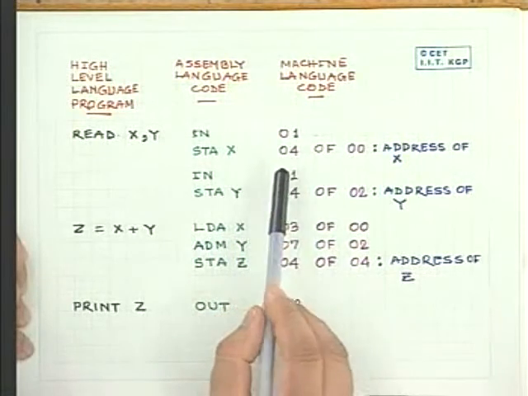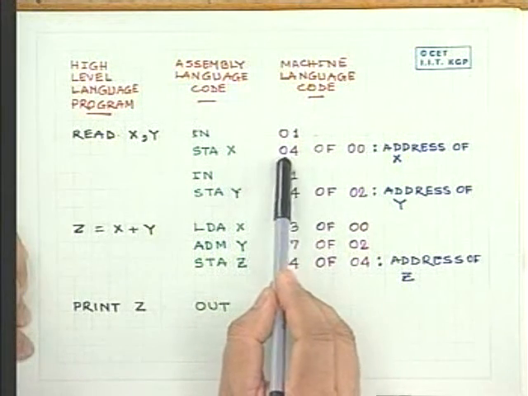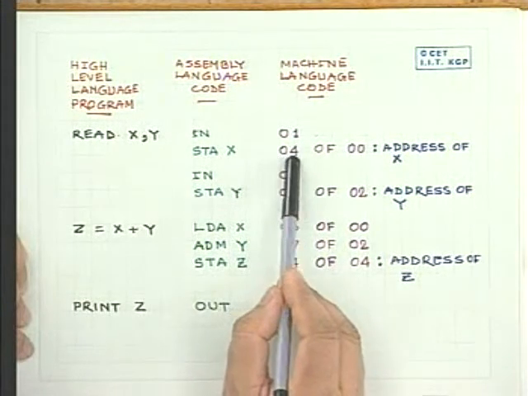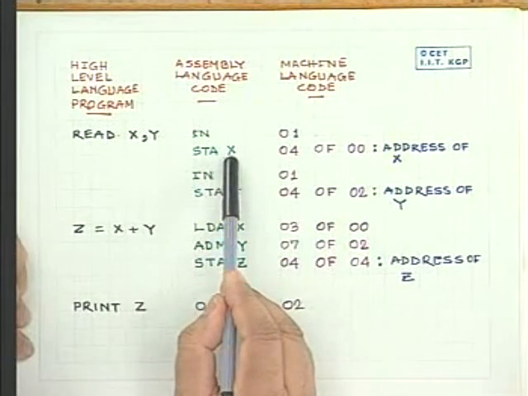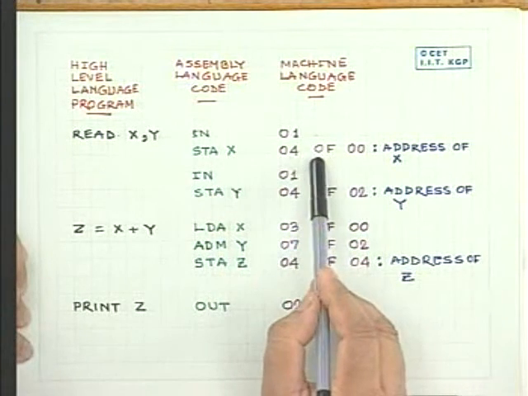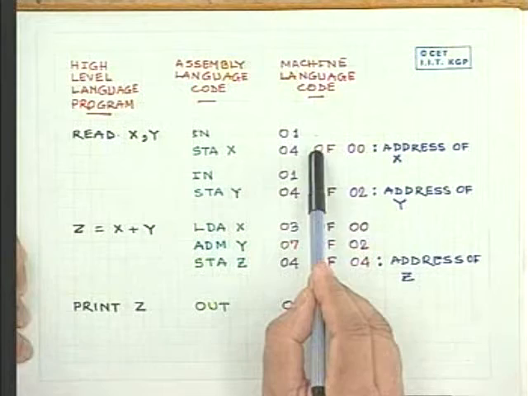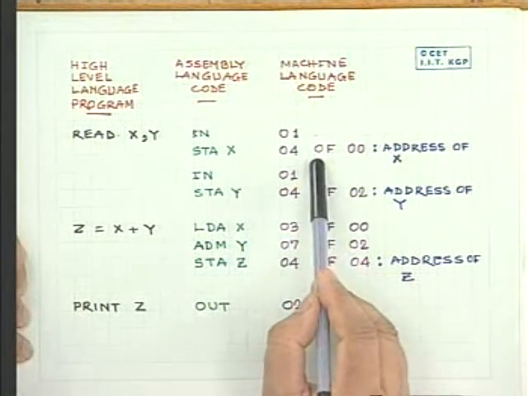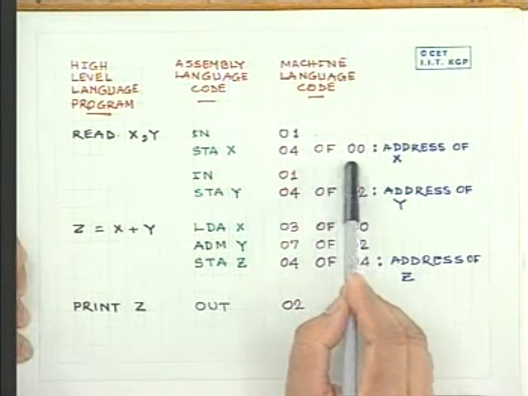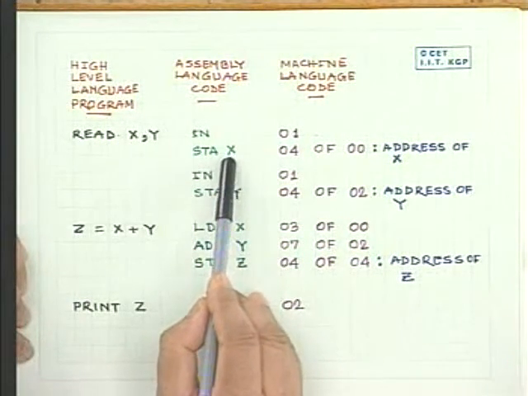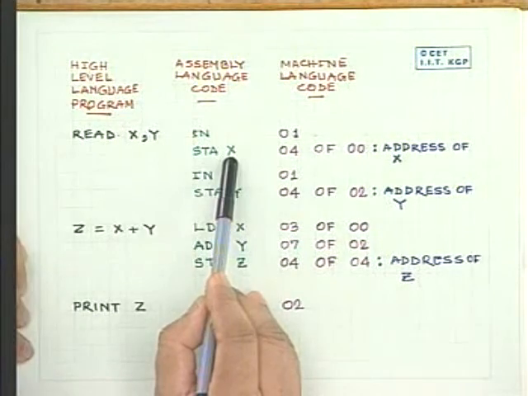which means that I have assumed that an instruction opcode is of 8-bit or 1 byte. The address of a variable can be of 16-bit, 4 hexadecimal characters put side by side will make a 16-bit binary number which will be the address of this symbolic address X. Okay.